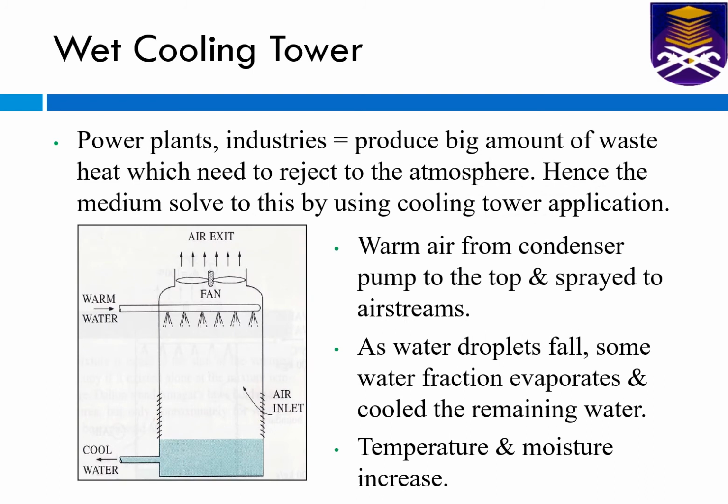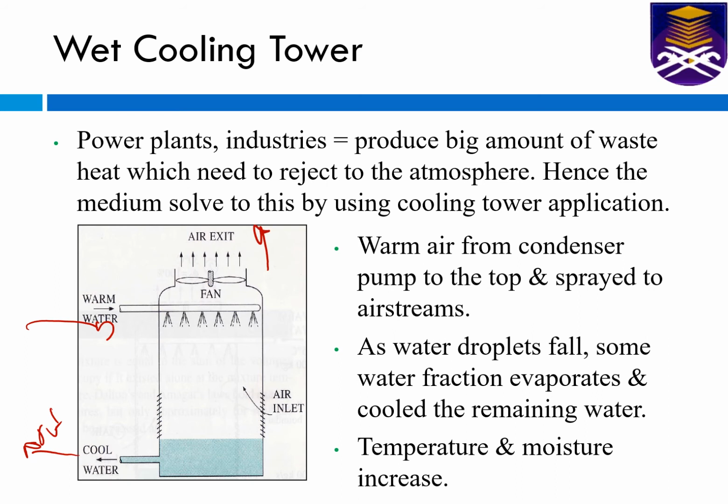Okay, finally we have a wet cooling tower. So the wet cooling tower is not part of the air conditioning process, but the analysis is almost similar to the air conditioning process. For example, you have the energy balance here. This is in, this is out.